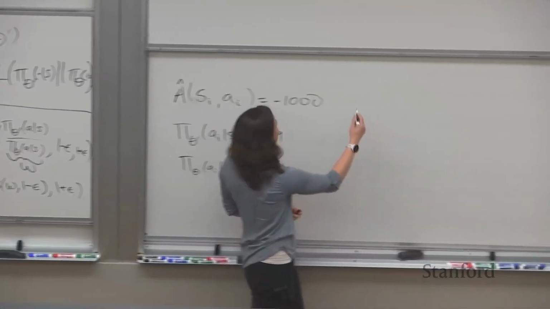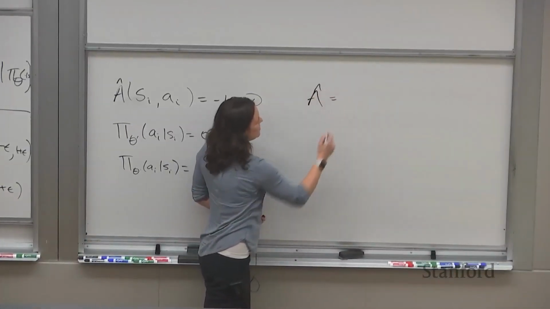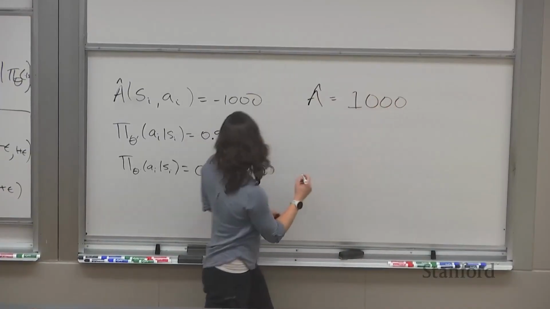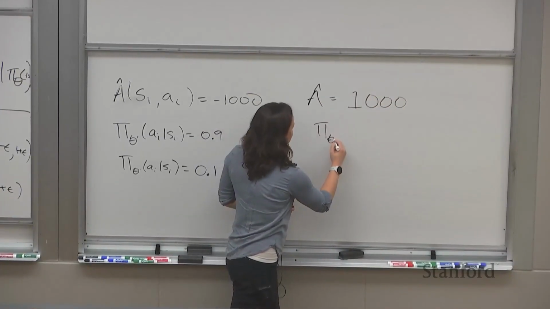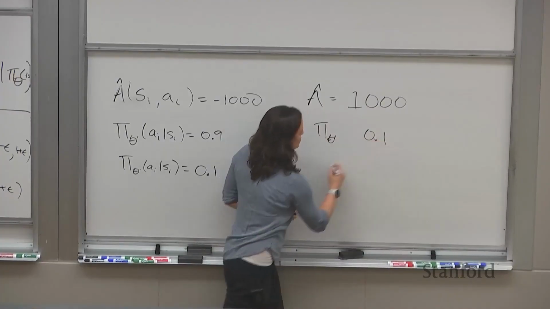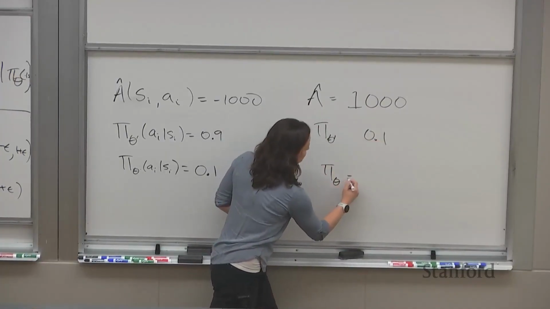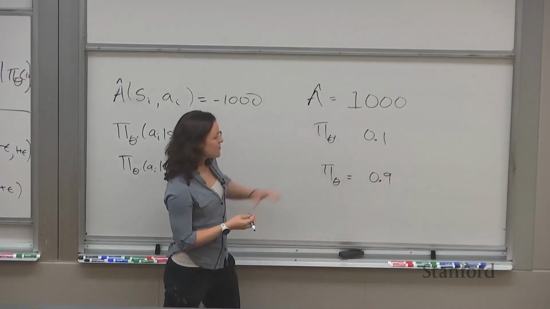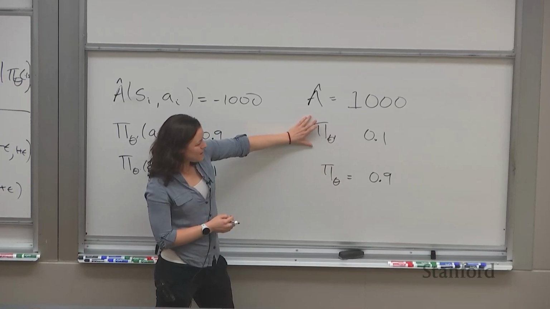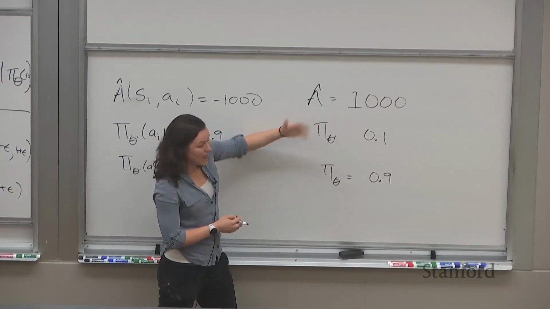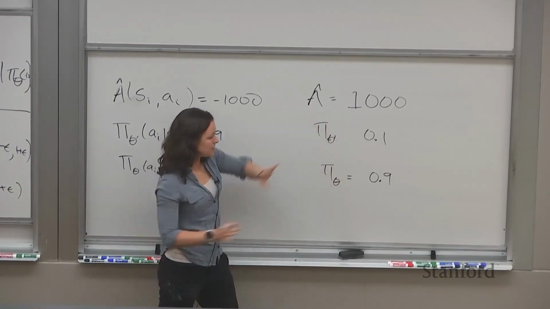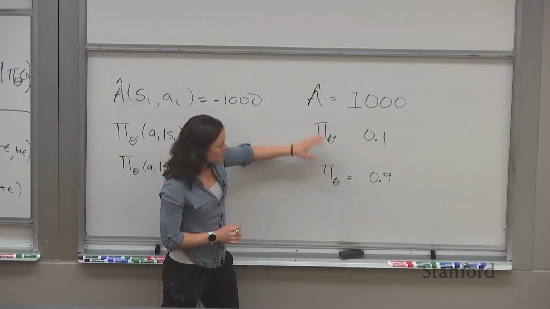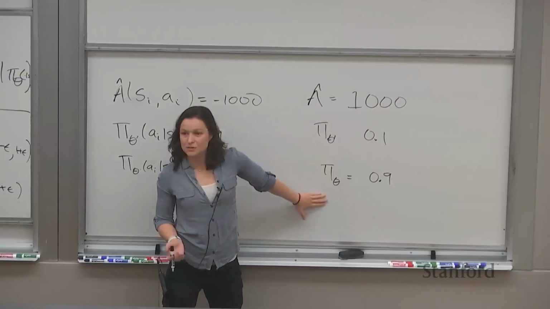For example, if A hat for a given state and action pair is +1,000 and the new policy assigns 0.1 and the old policy assigns 0.9, then if you did this by accident, or if it happened to do this as part of optimizing other data points, now the ratio is going to be 1/9, which is very small.